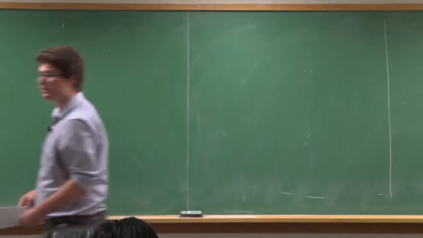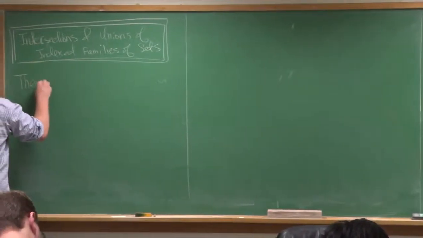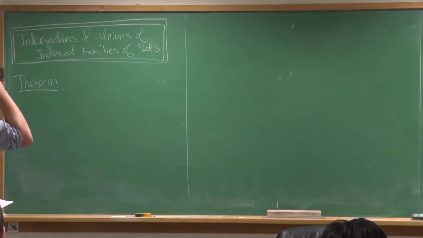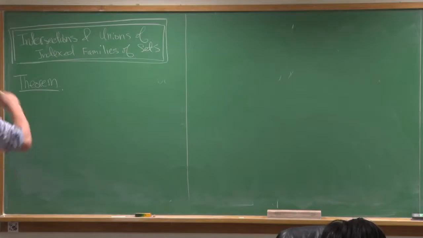So here's the theorem. A lot of this class from here on out will have theorems of this nature, where we give a bunch of properties and then check them.